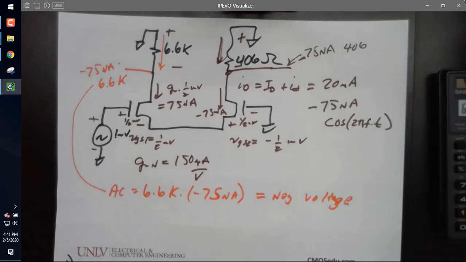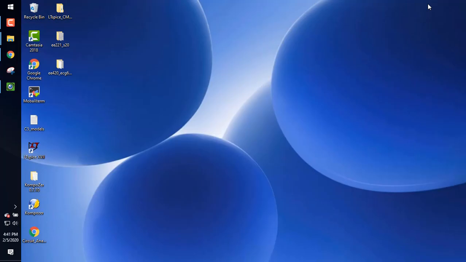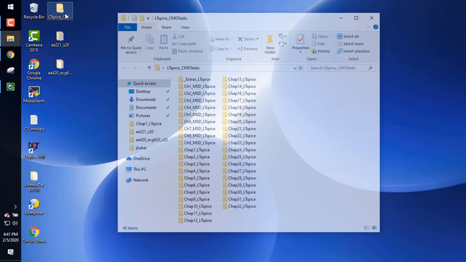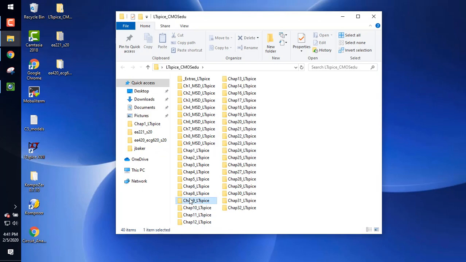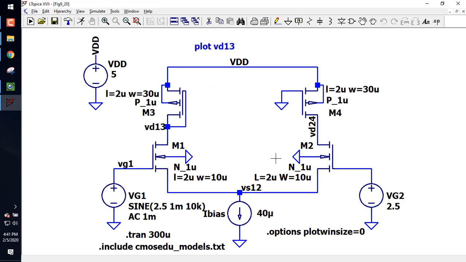So let's look at 920. So here's our little circuit, and I'm going to save this, or actually, I guess I don't need to.